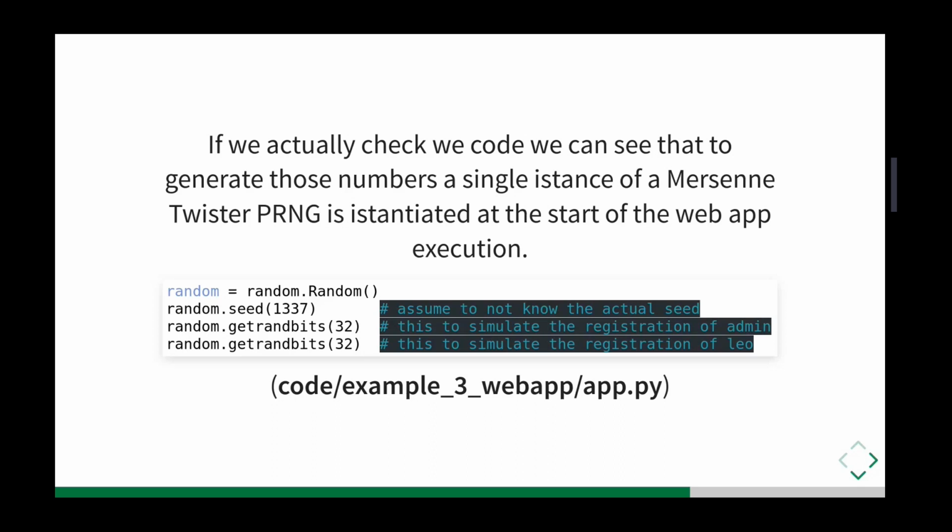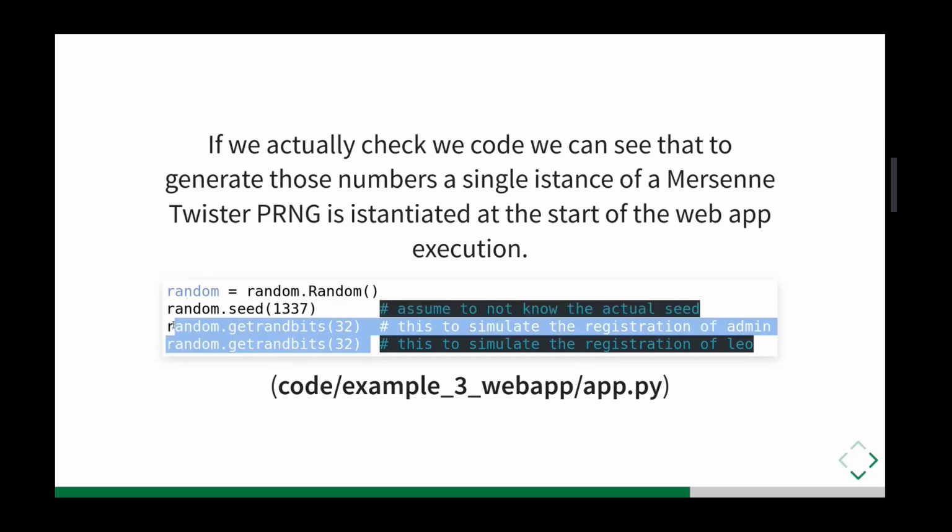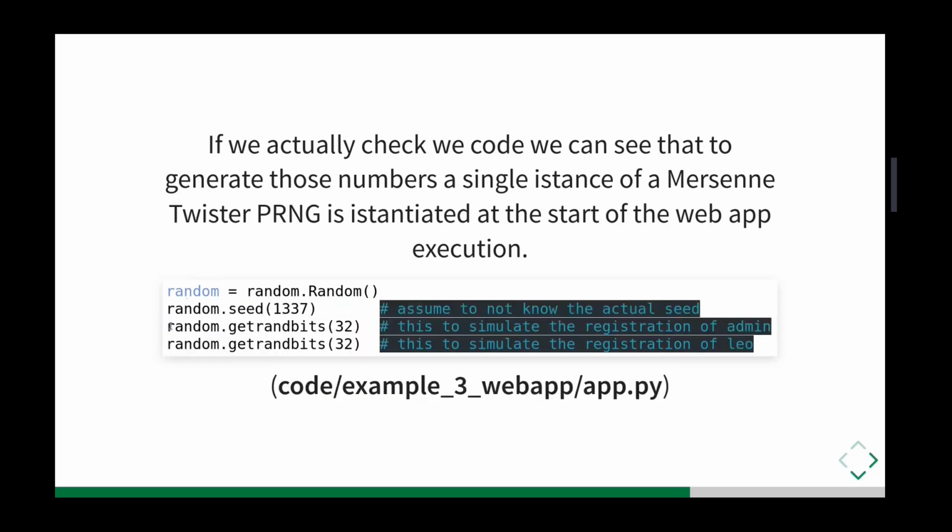I hope not. Let's assume not. So this is the code of the web app, and it uses random.random, which is a Mersenne Twister. Here I generated the first two numbers just to simulate the fact that the first 2 users registered, something like that. Here we know the seed, but suppose that we just know that it is a random.random.